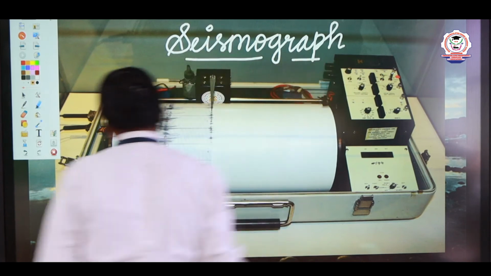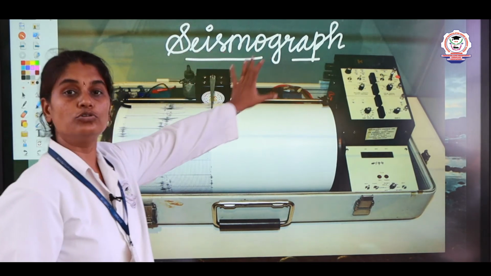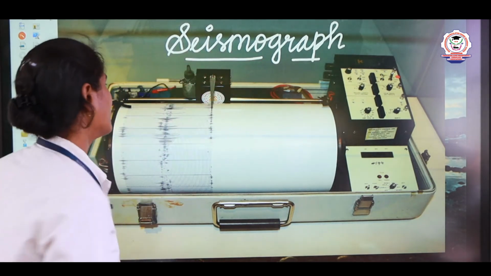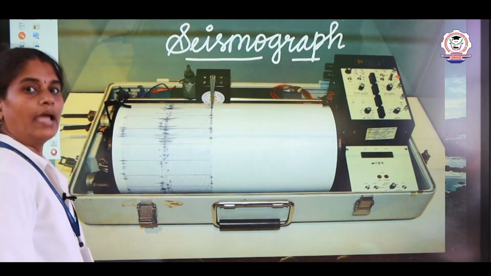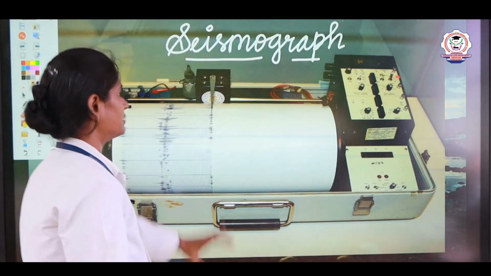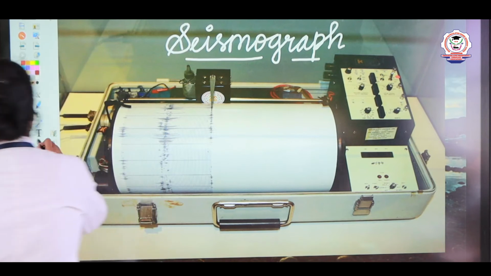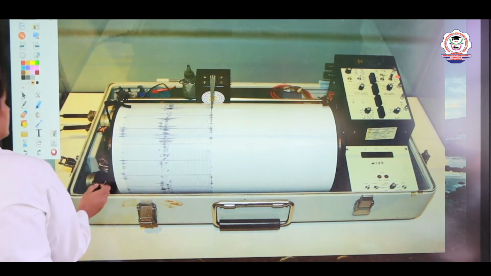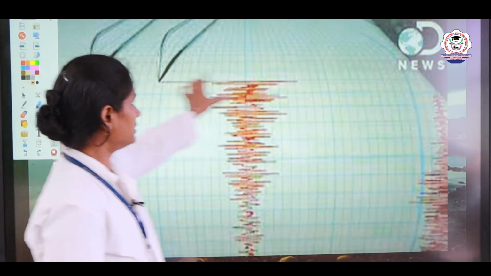Seismograph is the instrument used to measure the earthquake, right. There is a scale present inside the seismograph, which is known as Richter scale. So, this is the Richter scale, okay.